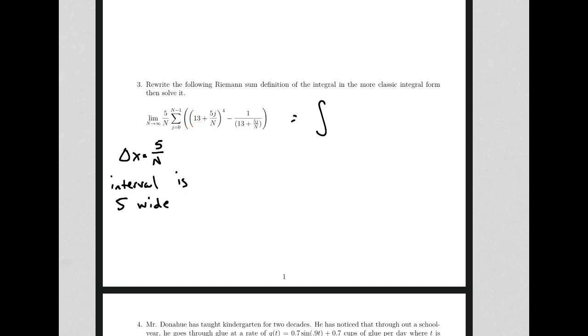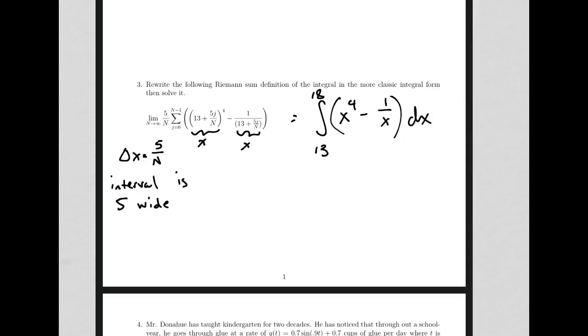And so our limit of integration starts at 13. It's 5 wide, which means we end at 18. And also, this lets us know that that 13 plus 5j over n is our x value. So if we replace those with x's, our function is x to the 4th minus 1 over x dx.